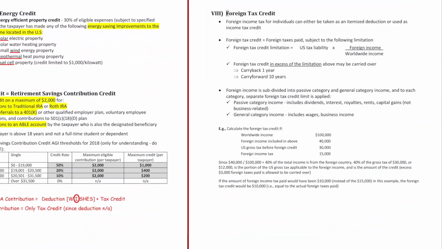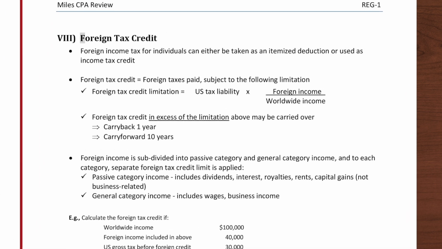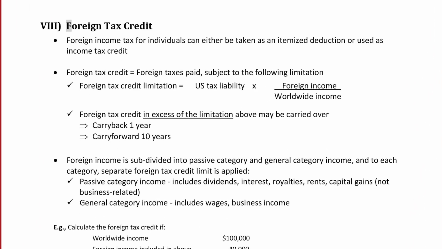On page 89, we've got the foreign tax credit. So on the top left, write F. Foreign income tax for individuals can either be taken as, underline, an itemized deduction, where the taxpayer can deduct actual foreign taxes paid, no limitation.